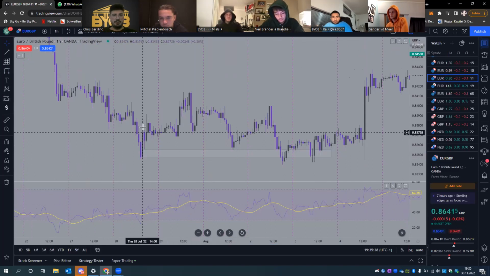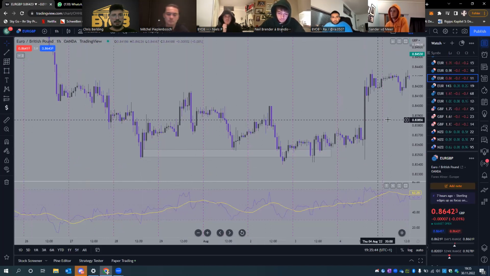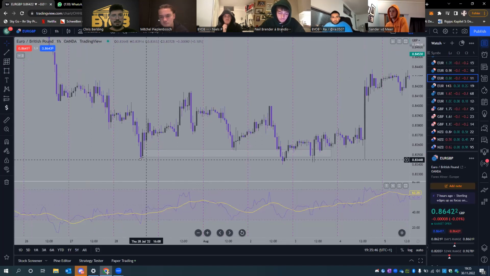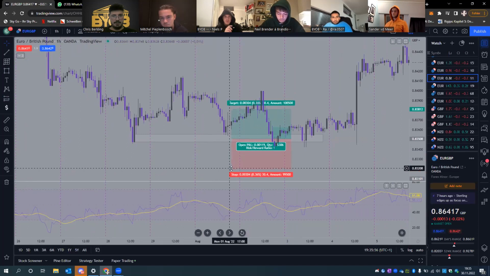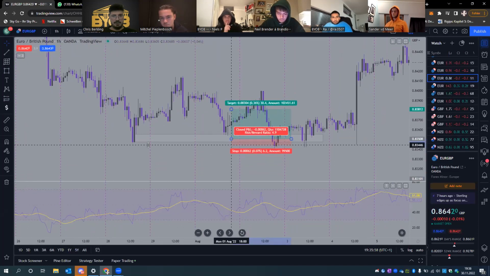The market pushed up, then on the 1 hour chart it broke the market structure right here and started consolidating. So I knew the market would return to this zone, and I placed a buy limit somewhere in this area, let's say 50% of that zone. I placed my stop loss just below the low.